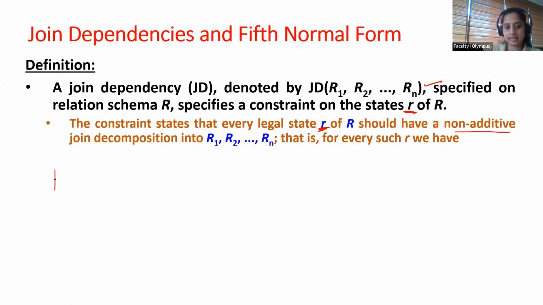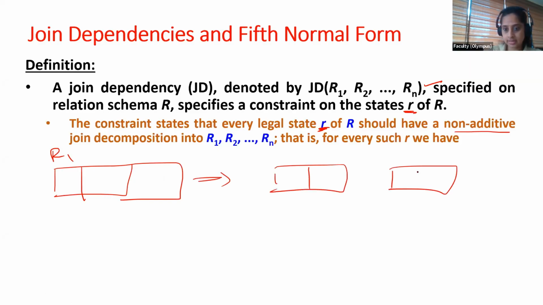Fine. When you break down, you have a table R. This will be broken down into two tables, R1 and R2. Even after breaking this, when you try to join this, you will find extra tuples or loss of tuples. So that means these are not able to join.